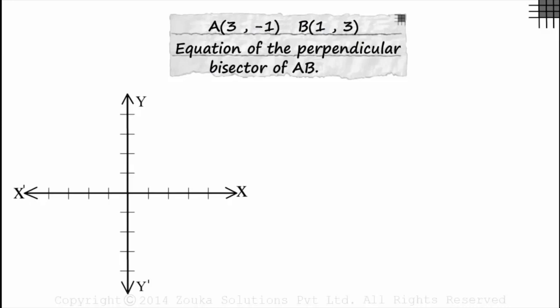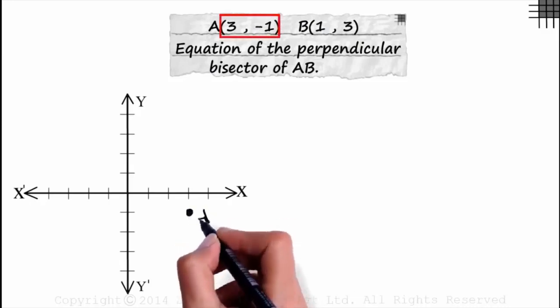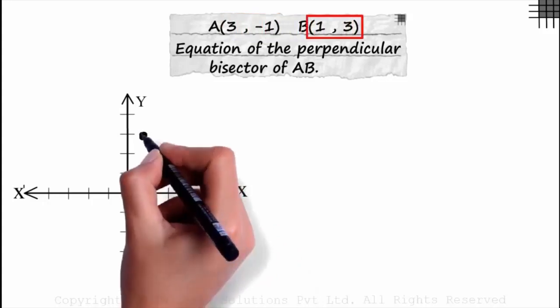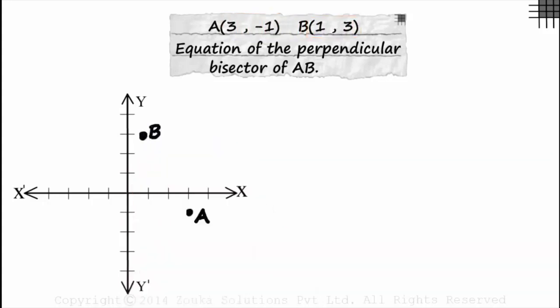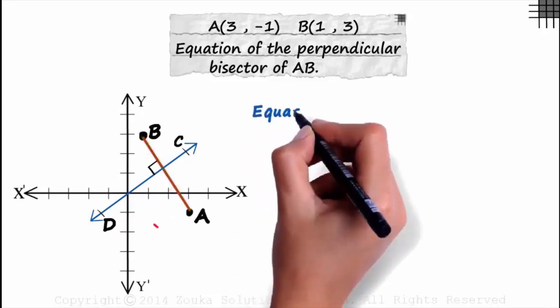Given point A (3, -1) and point B (1, 3). For the first step, let's draw point A and point B in the coordinate system. The new line CD is the perpendicular bisector of AB.